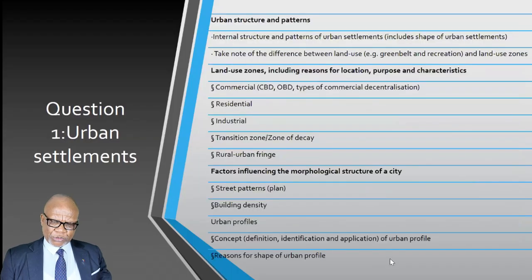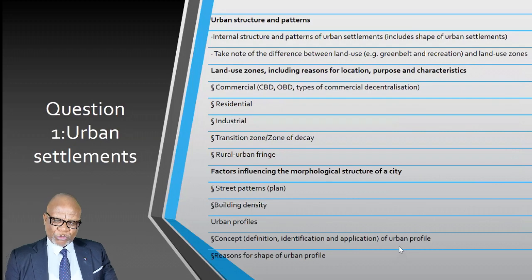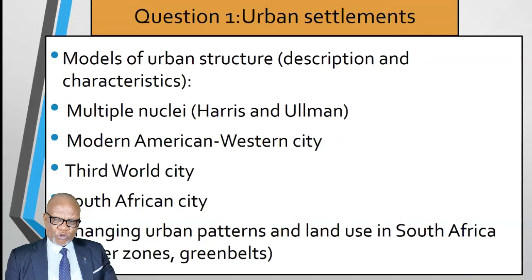Then we're going to look at all those processes, urban structure and patterns. This is a simple outline of the content that you're going to look at. I want to quickly move out of this and go into our content.